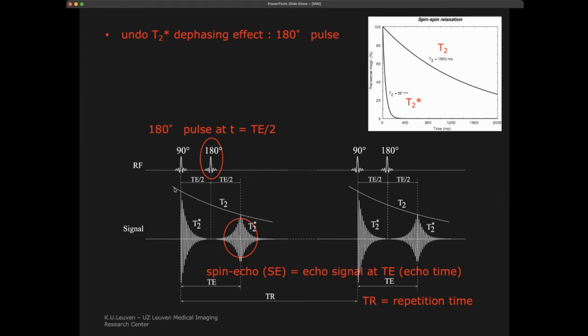T2 star is much faster, but we can compensate the T2 star by flipping and letting it rephase. So if I measure here now, I measure the true T2 effect. And then I wait for a certain repetition time, and I do exactly the same. So what we have added is a 180-degree pulse at half of our measurement time.